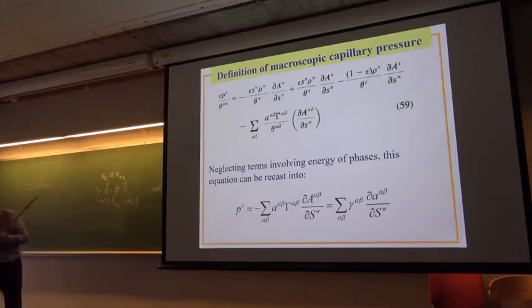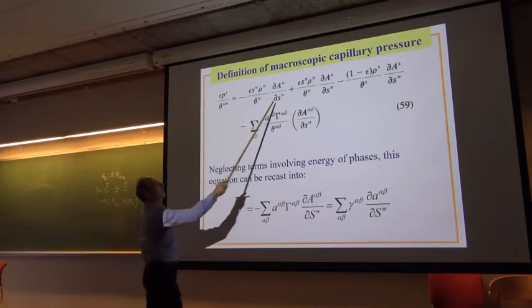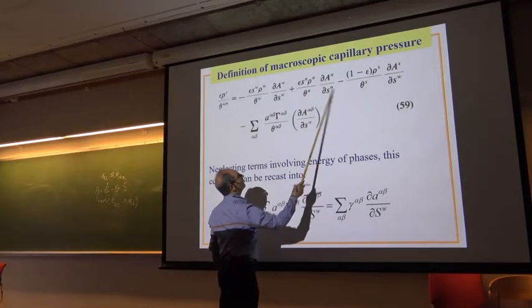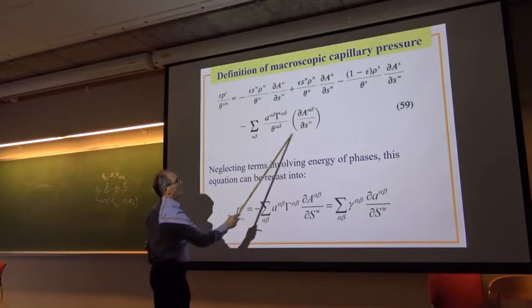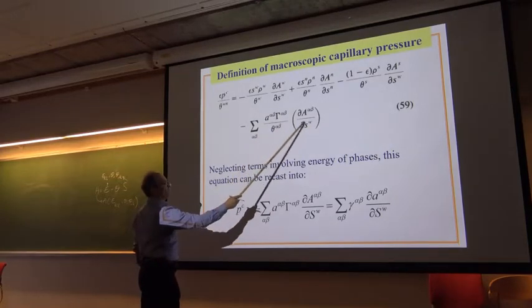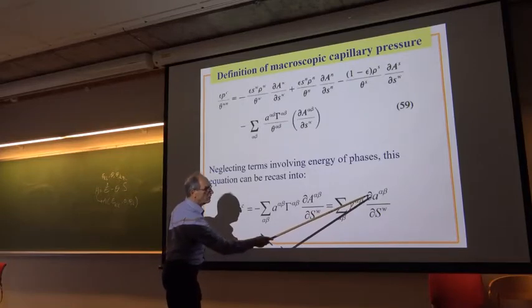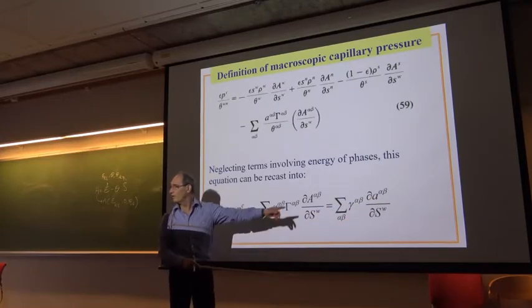Now I find that PC is equal to this. And in fact, if I neglect the change of free energy of phases with the saturation as the only important term, this can be reformulated to be surface tension times curvature.